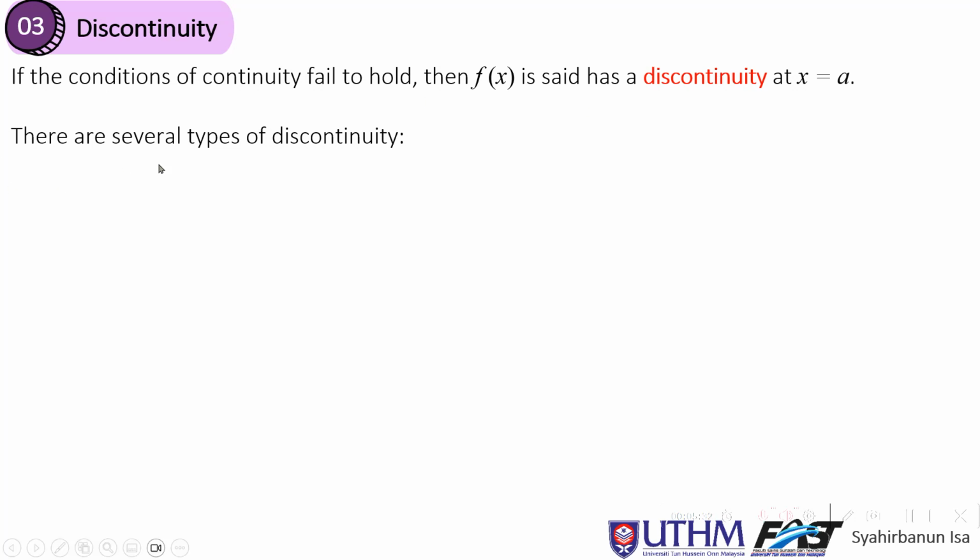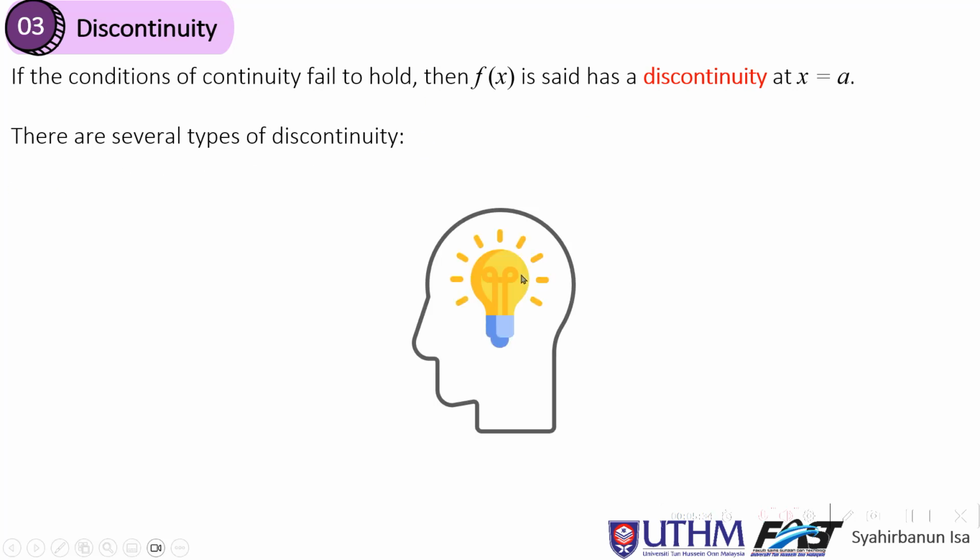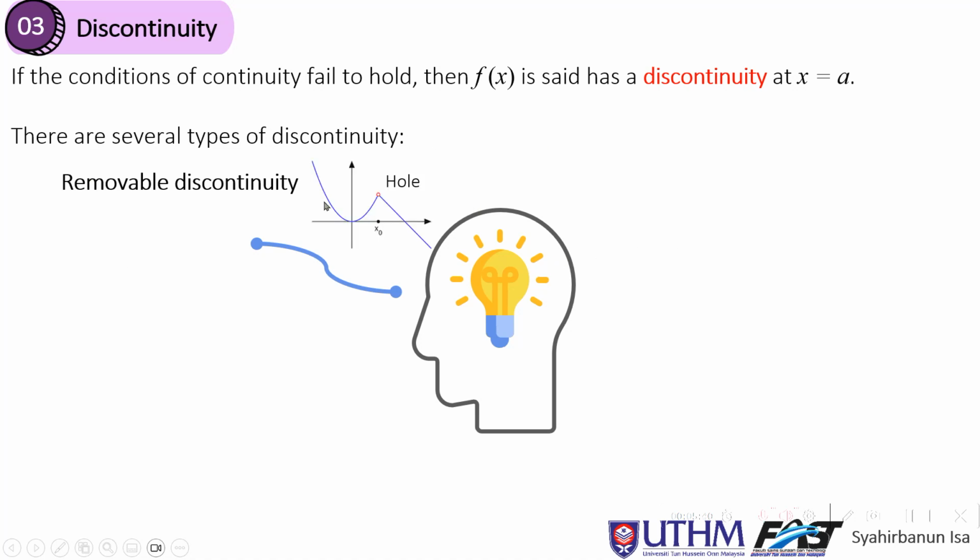There are several types of discontinuity. The first one is removable discontinuity. If we look at the graph here, at x equal x naught there is a hole.